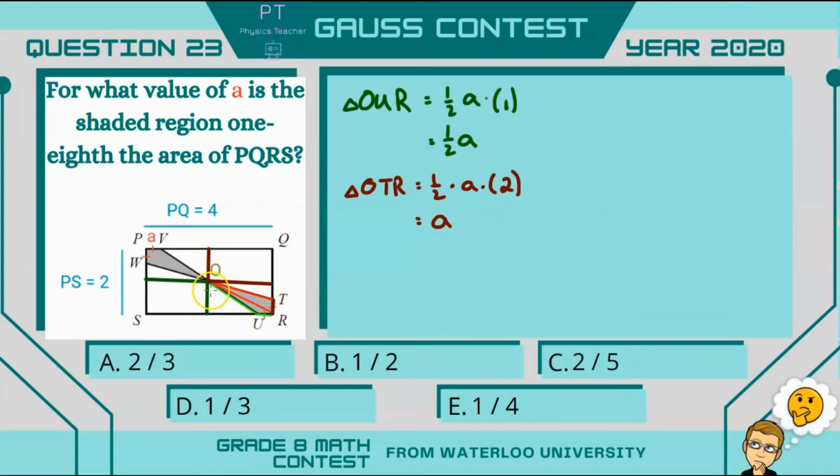Alright, so the area then of this whole shaded region in the bottom portion would just be the sum of these two triangles.